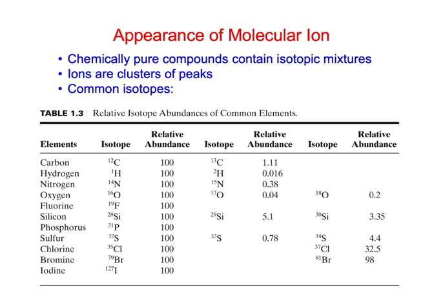All right, so let's talk more about the appearance of this molecular ion. One is that these ions are not just single peaks, single ions. There are clusters of peaks.